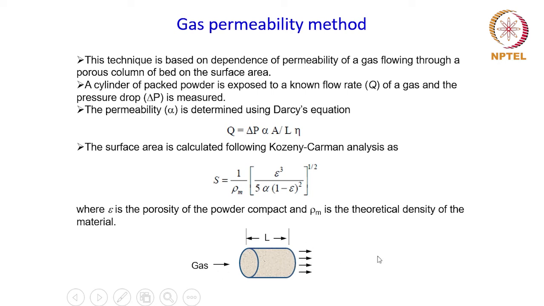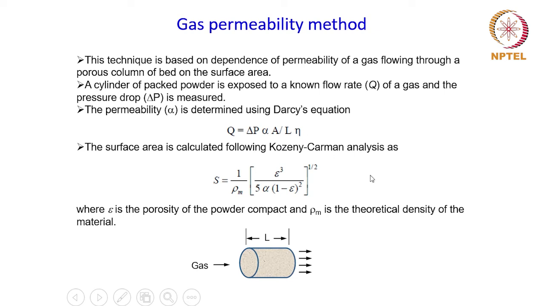Okay, and from that the permeability is determined using Darcy's equation, which is this one, where Q is the flow rate of the gas, delta P is the pressure drop that is actually measured, alpha is the permeability, L is the distance through which the gas flows or the sample length, A is the cross-sectional area of the sample, and eta is the viscosity of the gas.